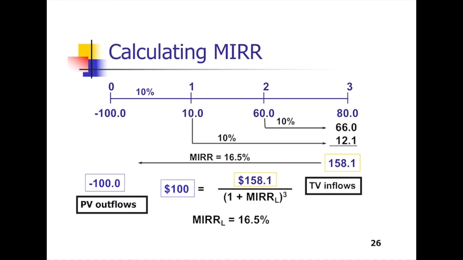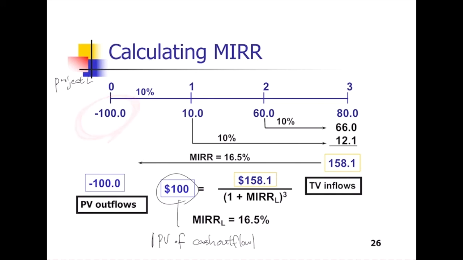Example of calculating MIRR, the project L. And left hand side is present value of cash outflows. So you can take absolute number of present value of cash outflow. In this case, cash outflow is only here, right?